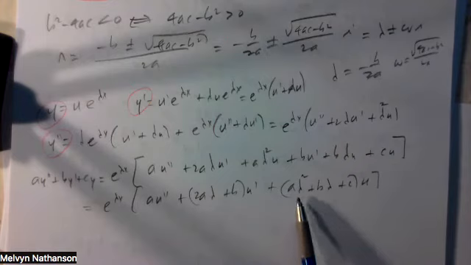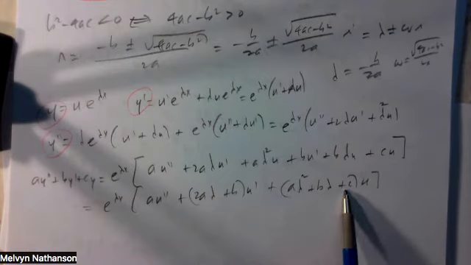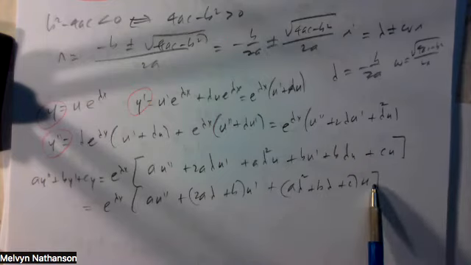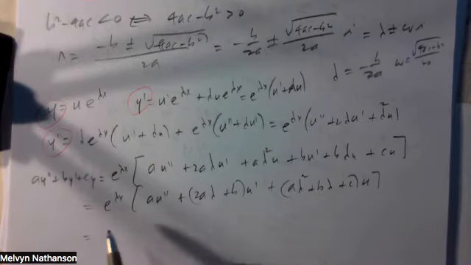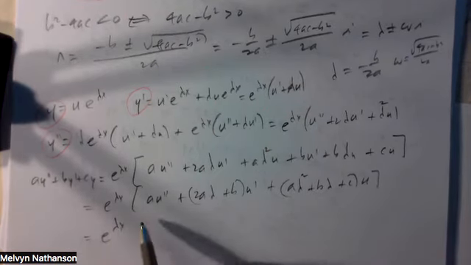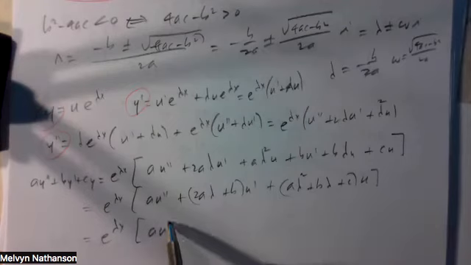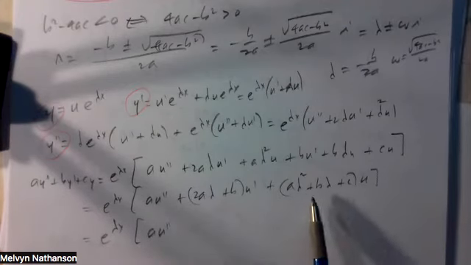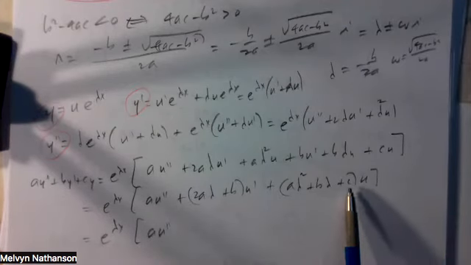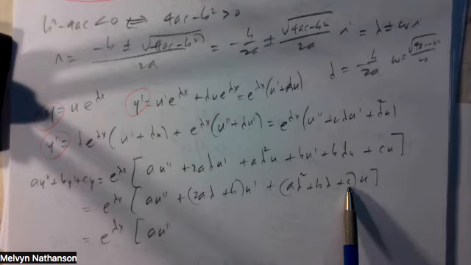So A lambda squared plus B lambda plus C, times u. So this is e to the lambda x times A u double prime, plus A lambda squared plus B lambda plus C.